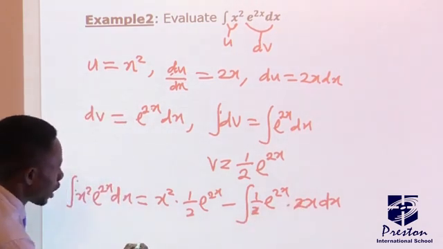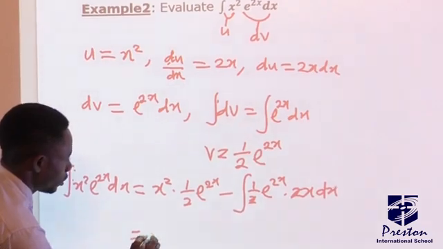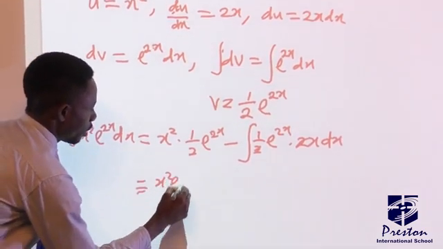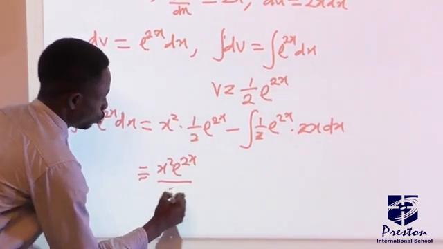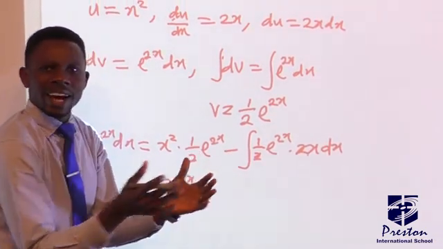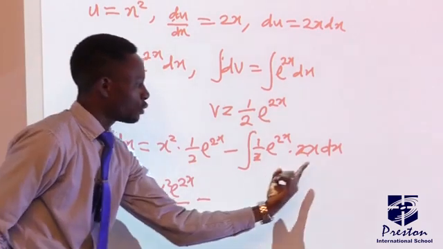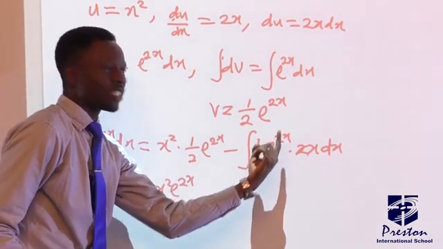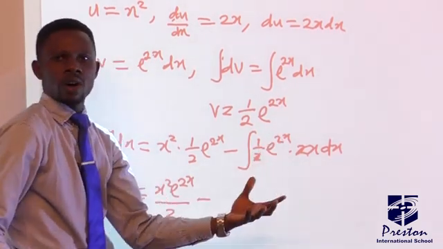Once we have that, we can go ahead to have x squared e to the 2x over 2 minus, this is coming again as a product of two functions. We have 2x as a function, and we have half e to the 2x, which is also a function.